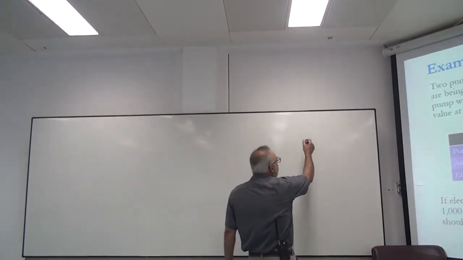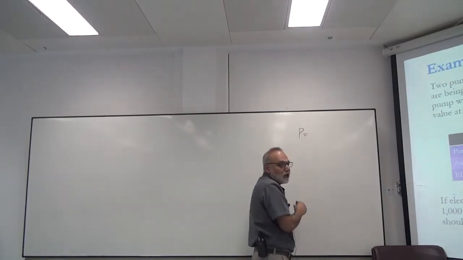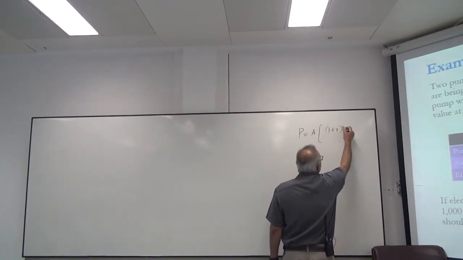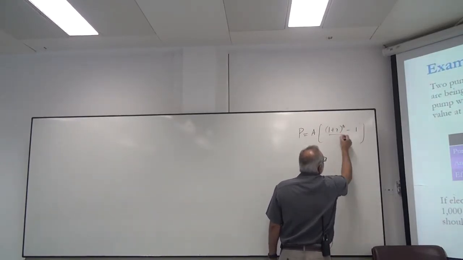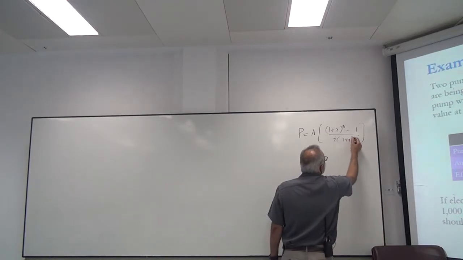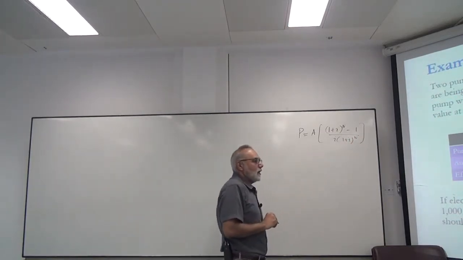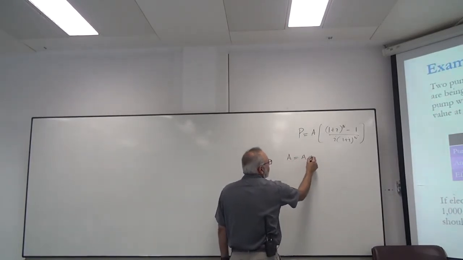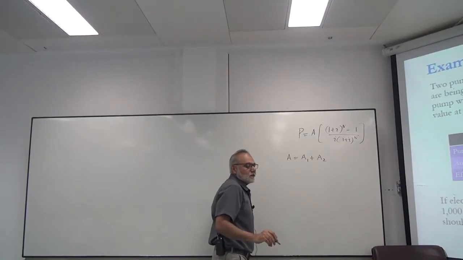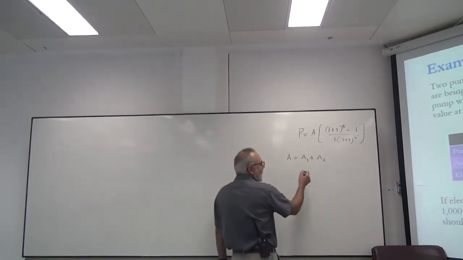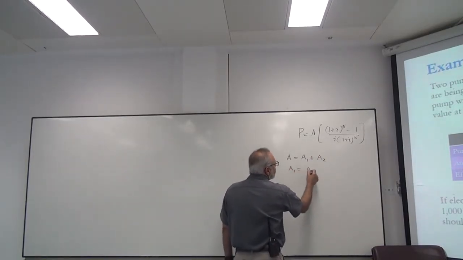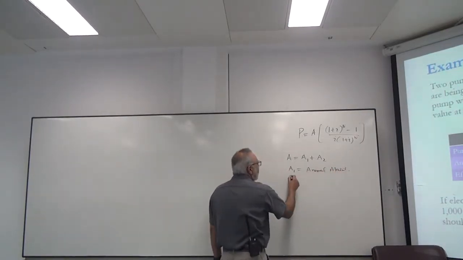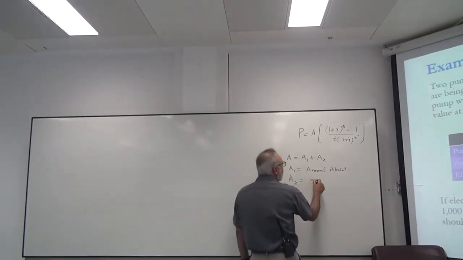You have the formula for finding out the present worth: P is equal to A into (1 plus i raised to power n minus 1) divided by i into (1 plus i raised to power n). Now A is equal to A1 plus A2, where A1 is the annual maintenance and A2 is the operating cost.